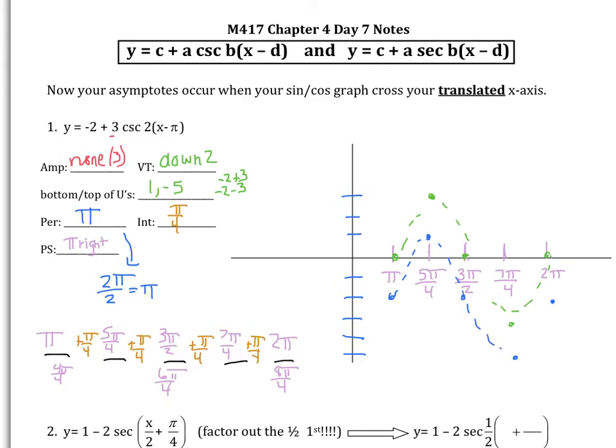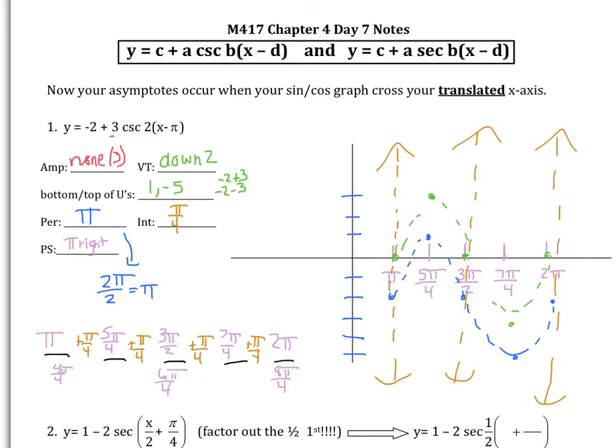Now, even though this is my shifted graph, it's still not my final answer because officially I want the cosecant graph. So what I'm going to do to graph cosecant is I'm going to put asymptotes where my original graph would have hit 0. And even though my shifted graph isn't really hitting 0, my new 0 line is at -2, and that's where my graph would have hit 0.